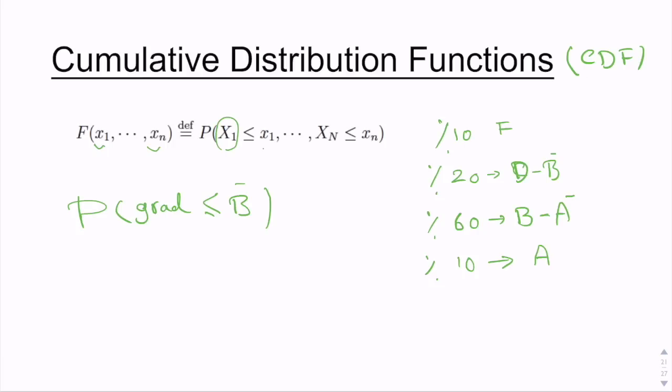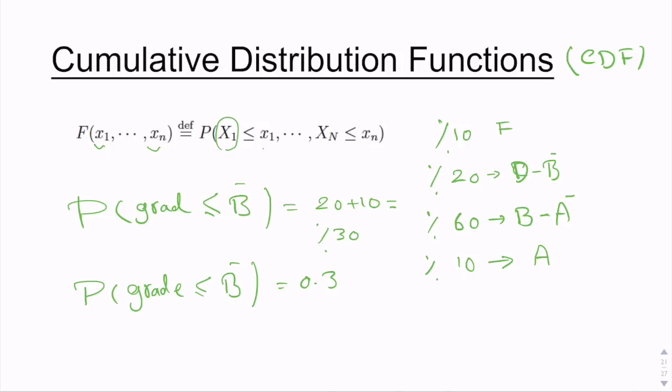Basically this is equal to 20 plus 10, which is equal to 30%. In terms of probability, the probability of grade smaller than B minus is 0.3. So this 0.3 is the cumulative distribution at grade equals B minus.